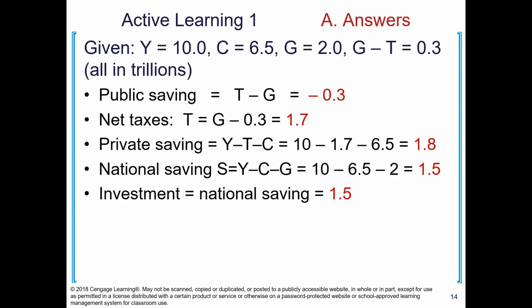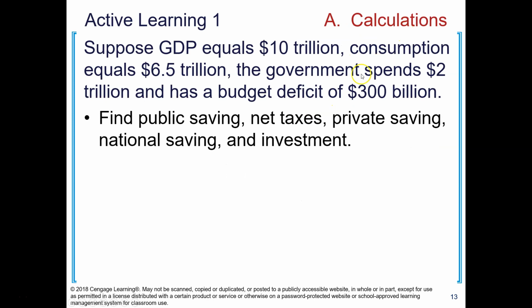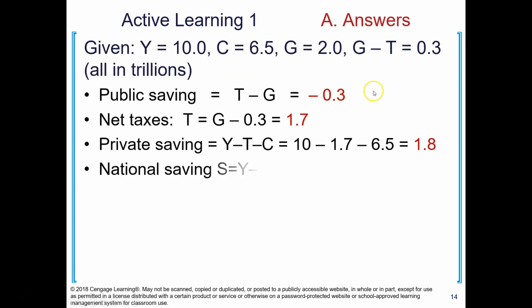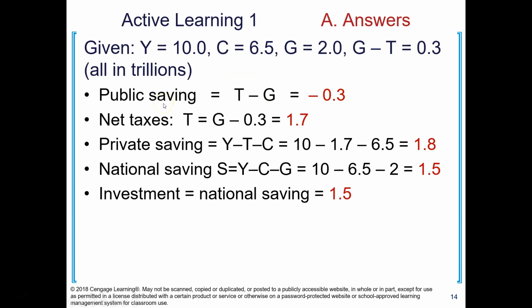So these are the numbers. The government is running a budget deficit, which means expenditures are more than the taxes, and the amount is $300 billion. So we know public saving is minus 0.3 trillion. Government expenditures are $300 billion more than their tax revenue, so public saving is negative in this case. The government is spending $300 billion more than their income, their taxes.